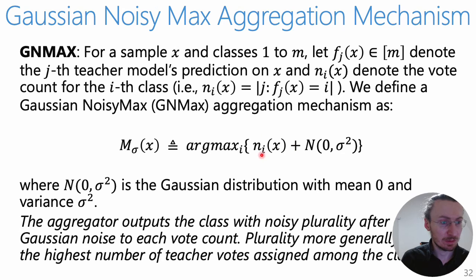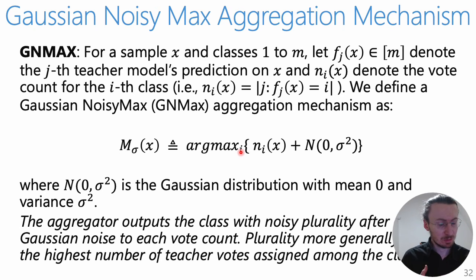Here we have the number of votes for each class i, and to these vote counts in the histogram we add Gaussian noise with mean 0 and sigma squared variance. After adding this noise on top of the histogram, we take the argmax, so we return the class that has the highest value after adding this Gaussian noise.